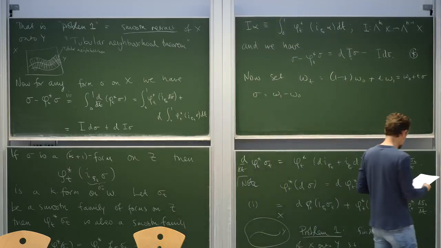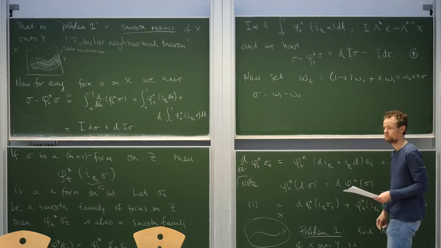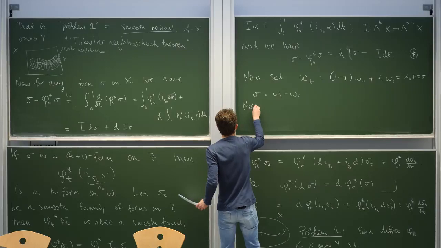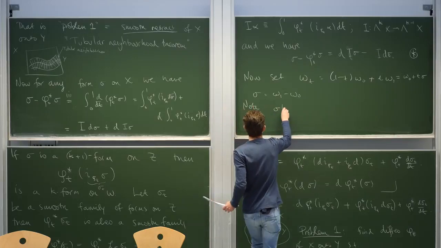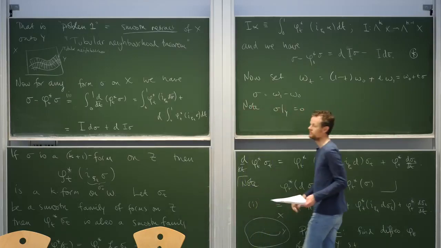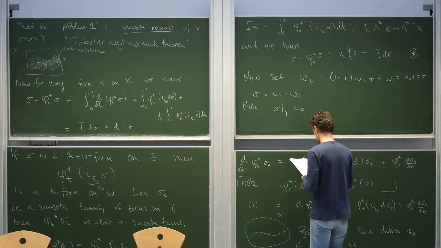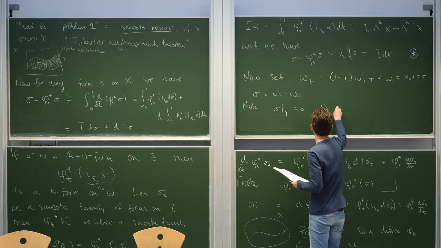So sigma is a constant 2 form. And now, what do we know about sigma? Well, on Y, it's pretty simple. It's 0, because these two forms are the same.